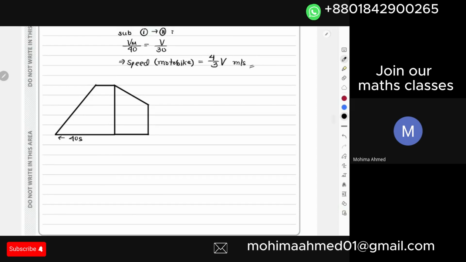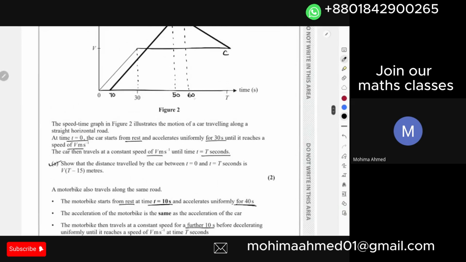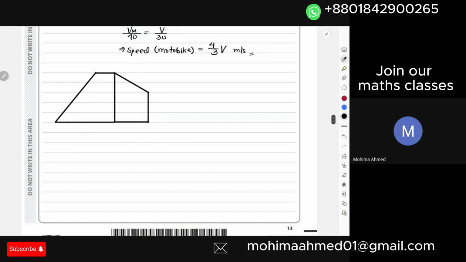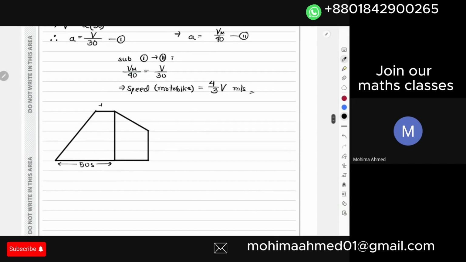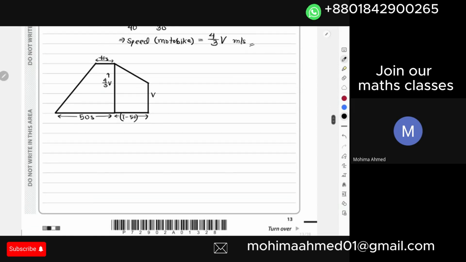The total base is, I think, 60, right? Yeah, 1 minute. 60, 50 is actually 50 seconds, and that is 10, right? So we have 0 to 60, which is 50 seconds in the base, and this is your 10 seconds over here. Height is 4 by 3 V, right? And then again, this 4 by 3 V becomes the parallel sides of your second trapezium, 4 by 3 V and V, and the height over here is, by the way, t minus 50, an expression that I can get. We don't know the rest of the times. It's just t minus 50.